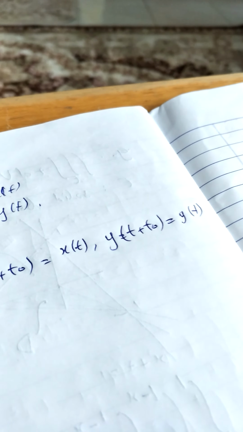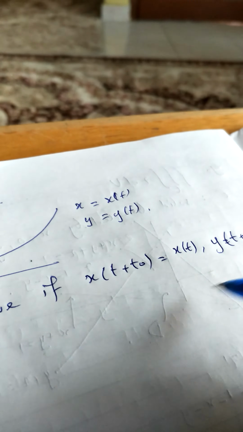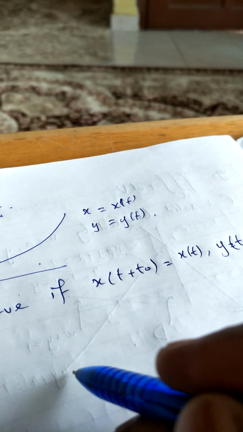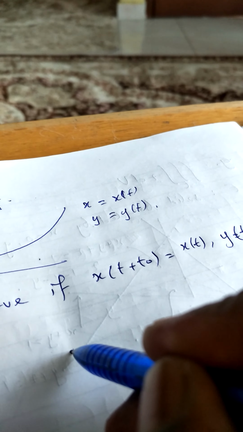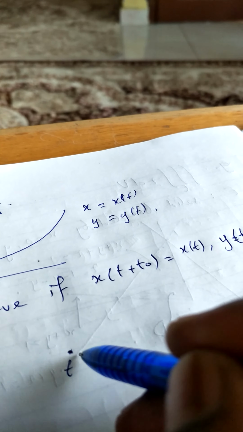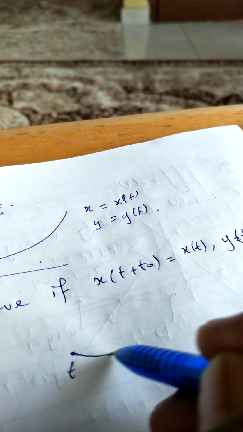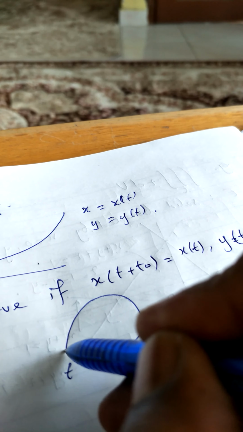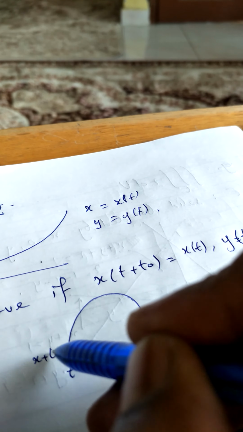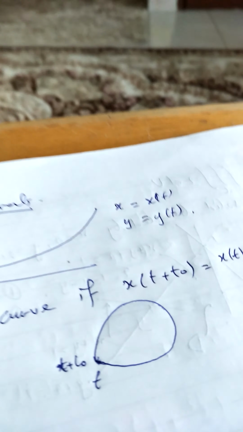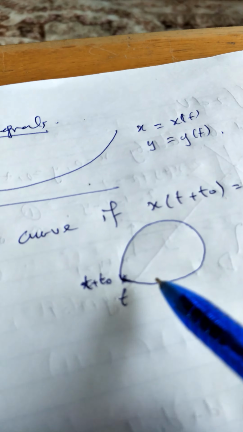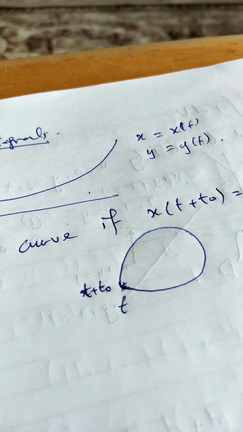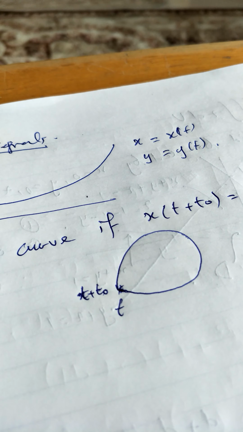So what does this mean? It means that if you have a curve, at t, after some point t naught, you come back to that point. So it overlaps, and in this case we call it a closed curve.